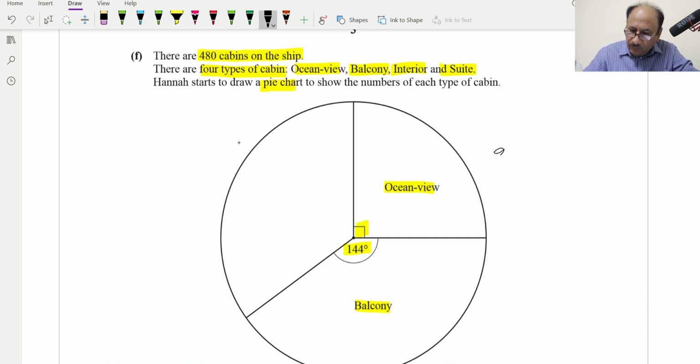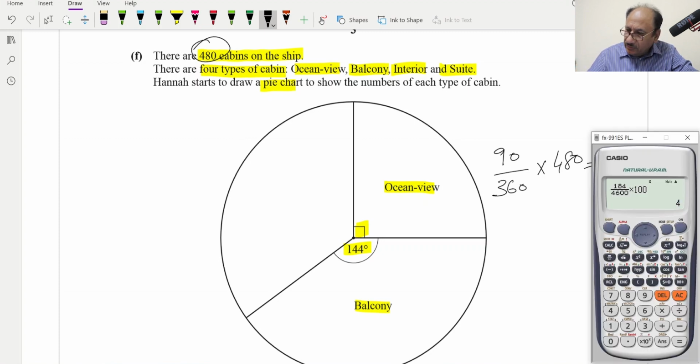Okay, so 90 degrees is out of 360. So the total angle from this to this is 360, as a circle has an angle of 360. So 90 out of 360 multiplied by 480 cabins.